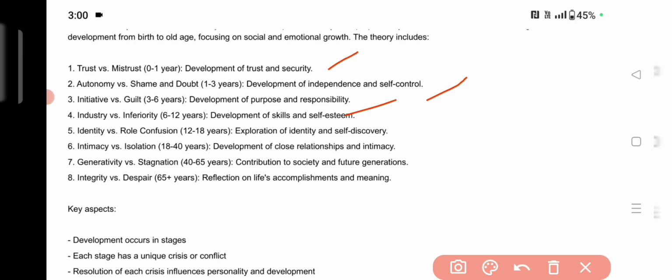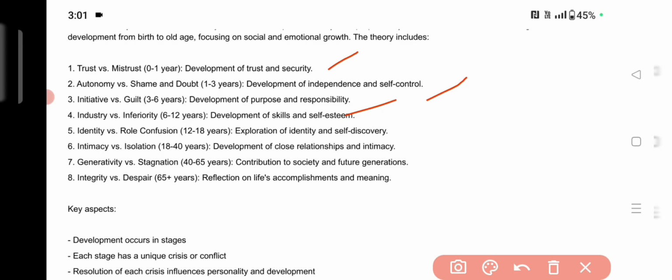They need support and a sense of accomplishment, and only then do they feel competent and productive. If they don't receive positive reinforcement for their accomplishments, they will feel inferior or incompetent.